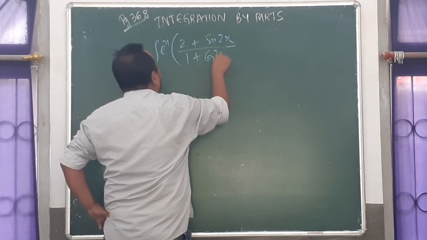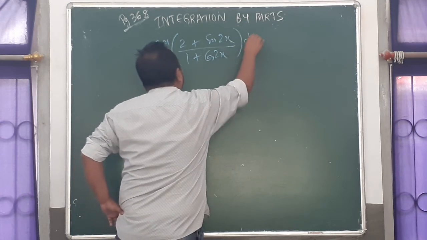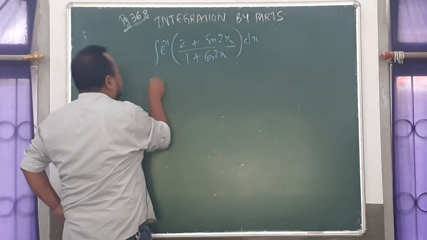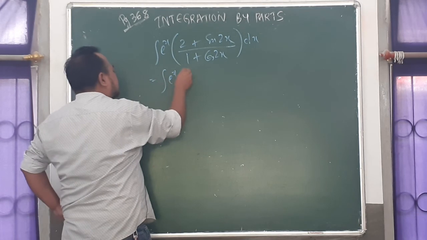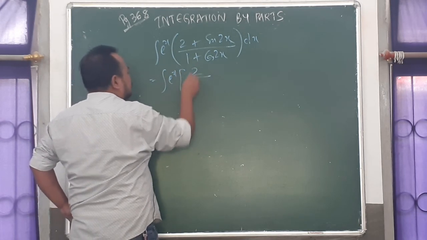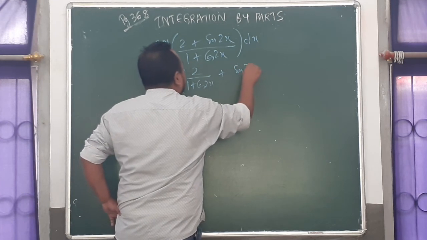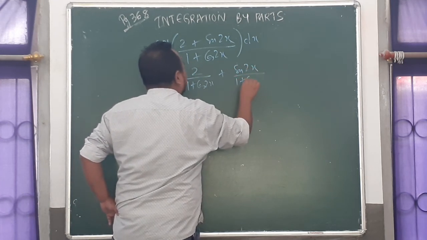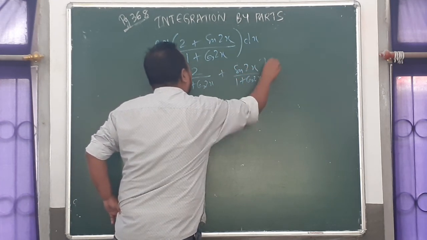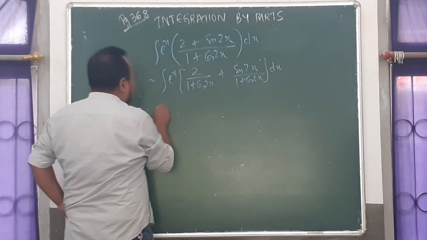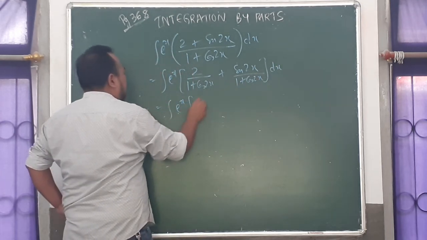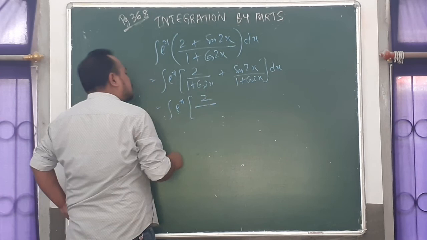This is multiple angle. So e to the power x as it is, simplify this: 2 divided by 1 plus cos 2x plus sin 2x divided by 1 plus cos 2x. We have split this. Next, apply the formula. What is 1 plus cos 2x?